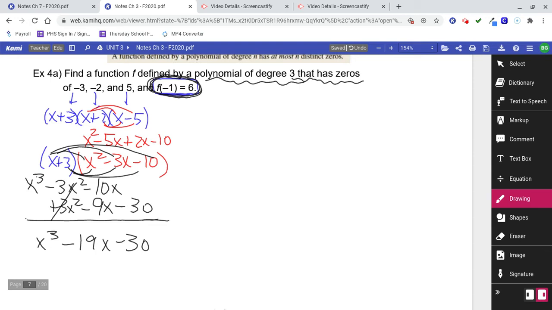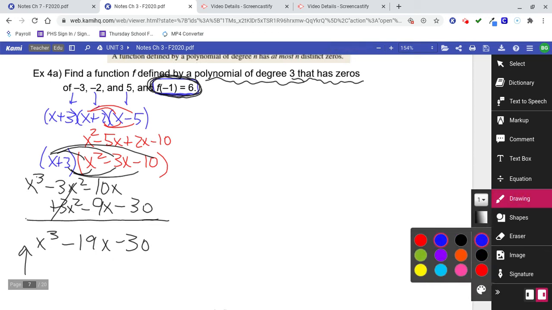Generally, we're going to want some sort of coefficient number in the front here, and that coefficient is what's going to force me to get f of -1 equals 6. So I have to have a polynomial that produces that information. In other words, if I plug in -1, I get out 6. I bet that's not going to happen. If I plug in -1 right here, I'm not going to get out 6 because I haven't forced that to happen yet.